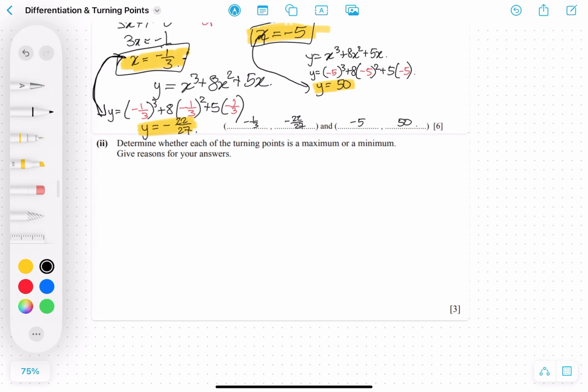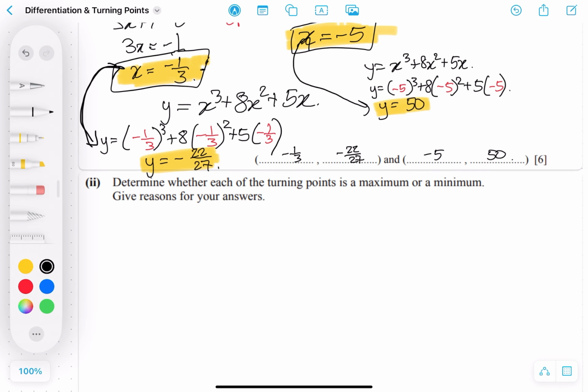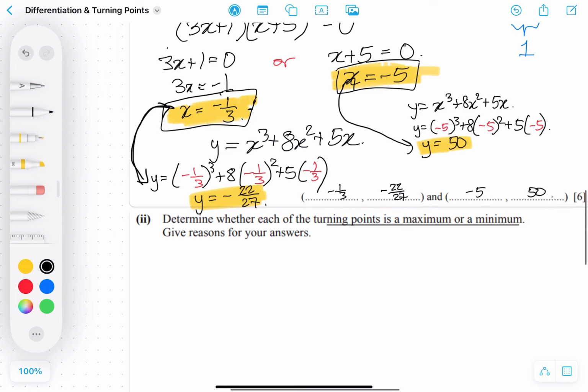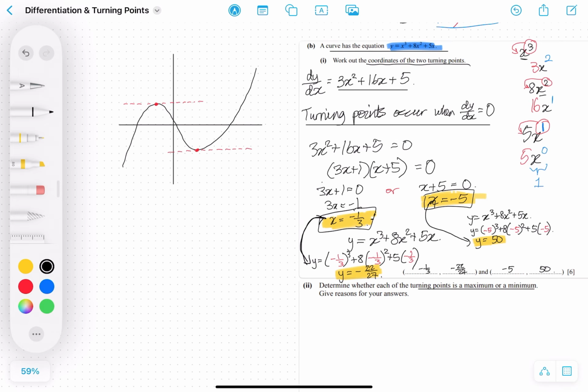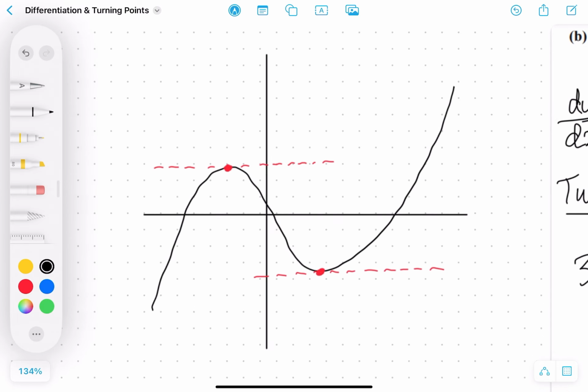Now, the second part of the question asks us to find the nature of the turning points. And by nature of the turning points, that refers to whether each of the turning points is a maximum or a minimum. And what a maximum means is that, let's go back to this graph right here.